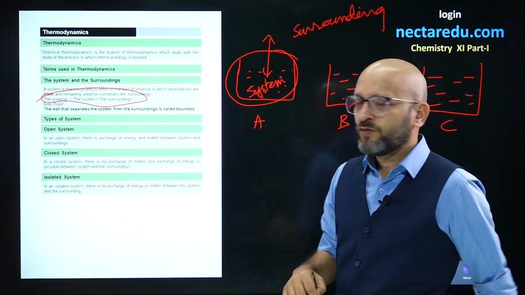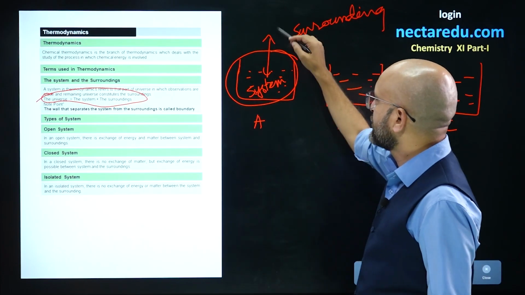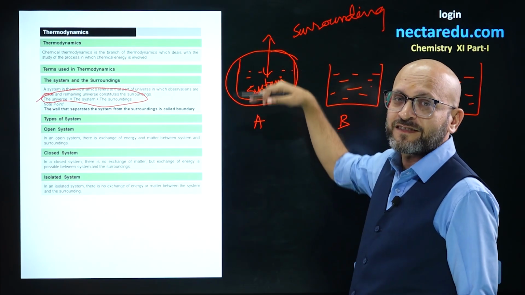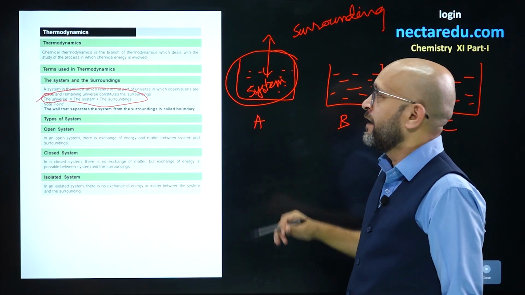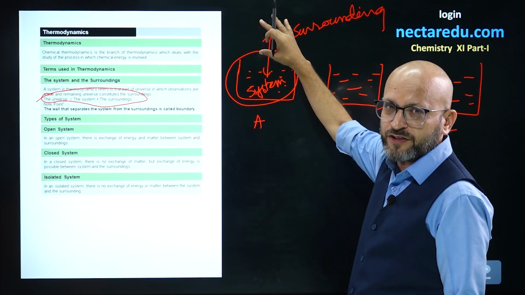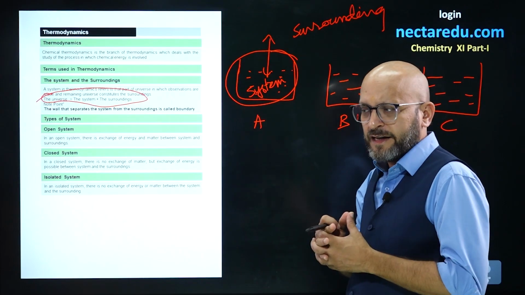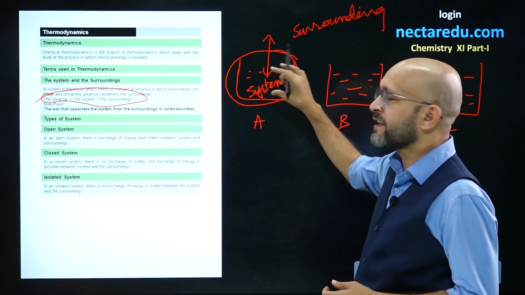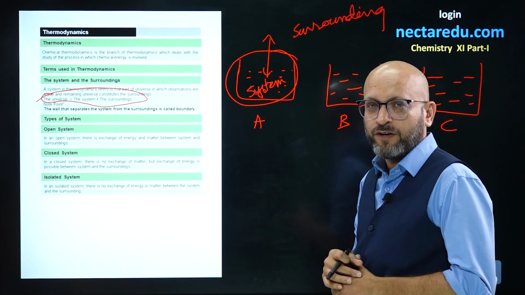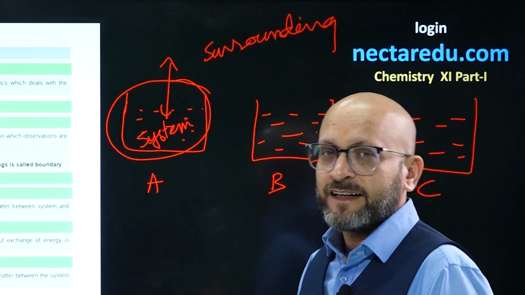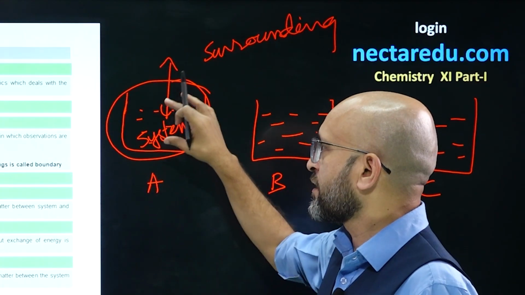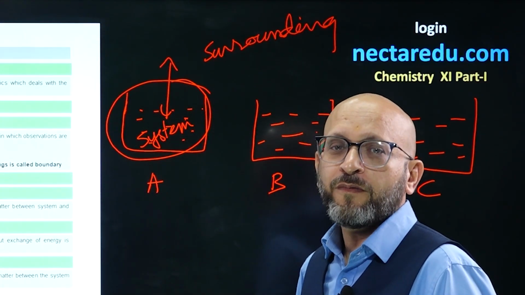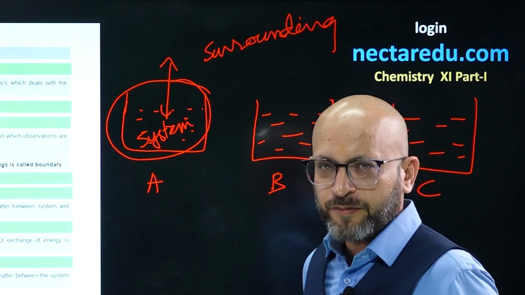All right. So what do you see? There is exchange of energy between system and surrounding. For example, if it is winter outside, the water inside the container will also become cold. If outside it is summer, then the water inside the jar will become hot, because the outside temperature is higher.